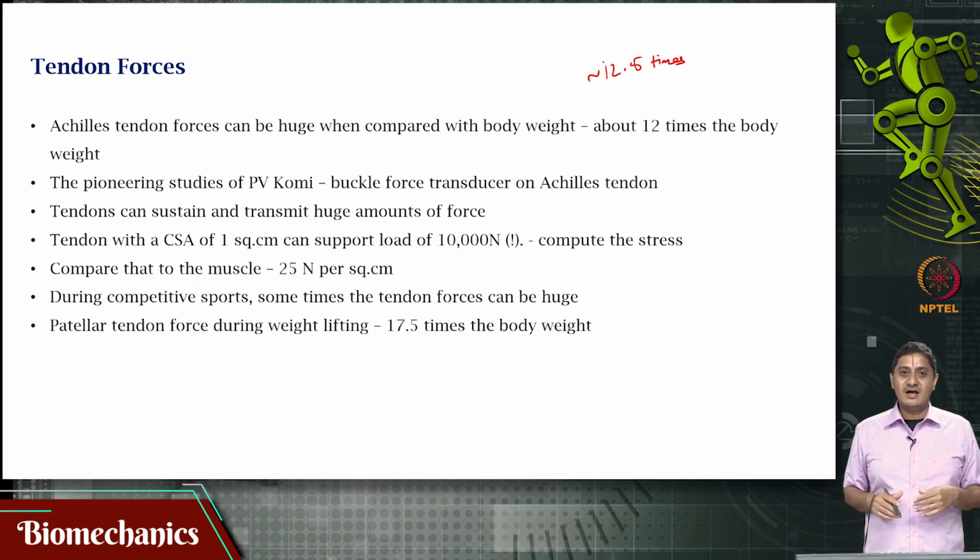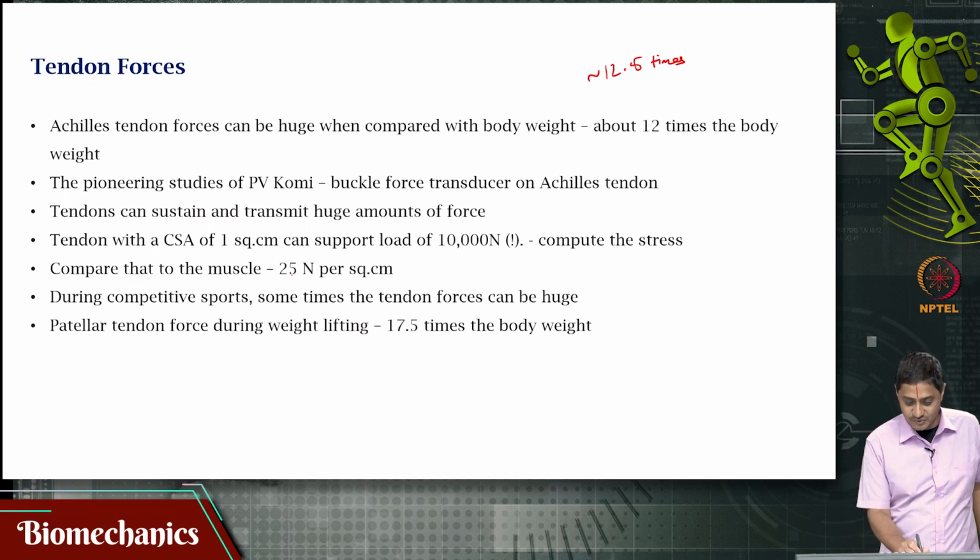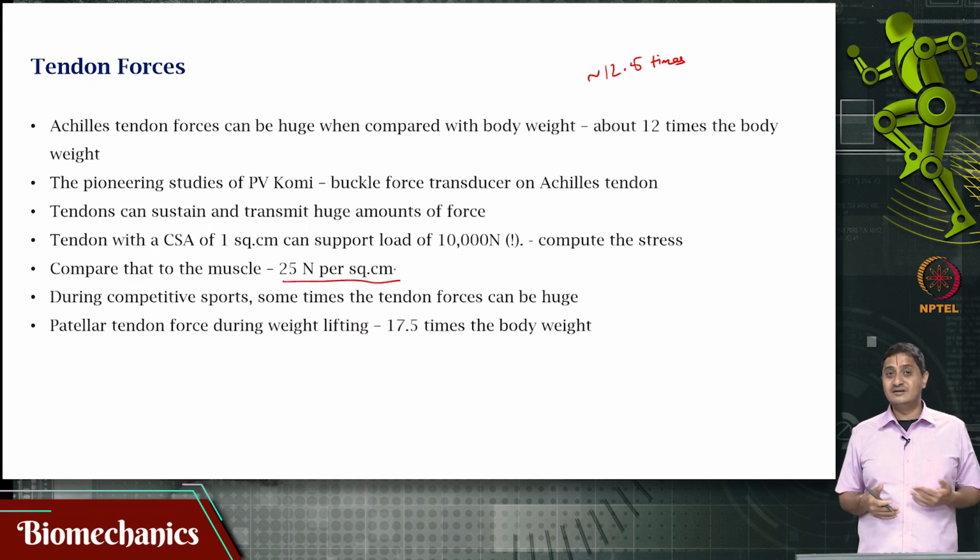Muscles are active force producers or force generators. They are huge, but even in muscles we are only computing the per square centimeter resistance to force, right. That is only 25 Newton in the case of a muscle. In tendon it is much higher. That 1 square centimeter can support 10,000 Newtons, that is a lot.